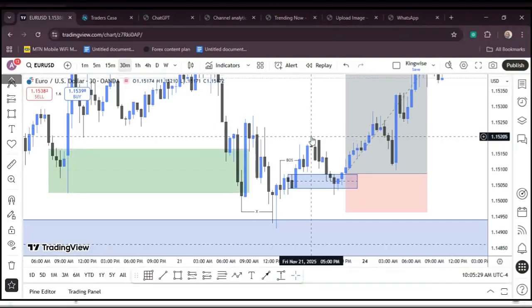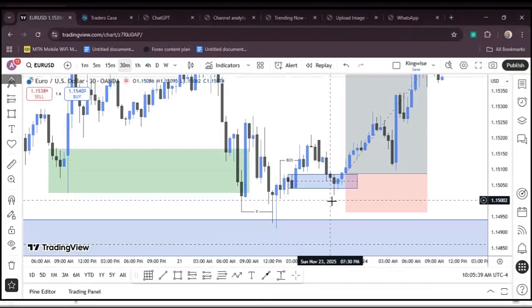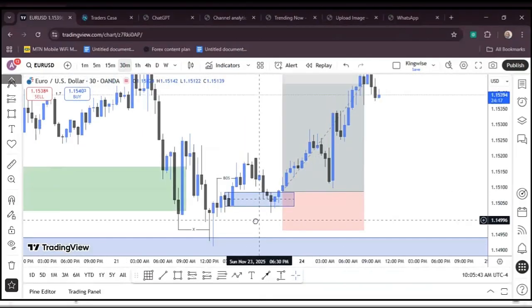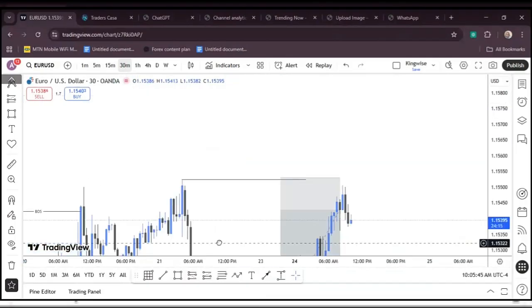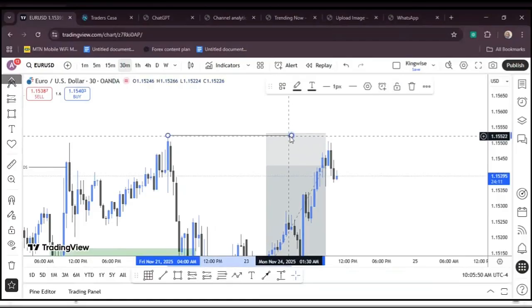This was where price was around this place when I did the analysis yesterday. So the market opened into today and came into that demand zone and started buying all the way up. So I expect to see price take out this buy side liquidity.